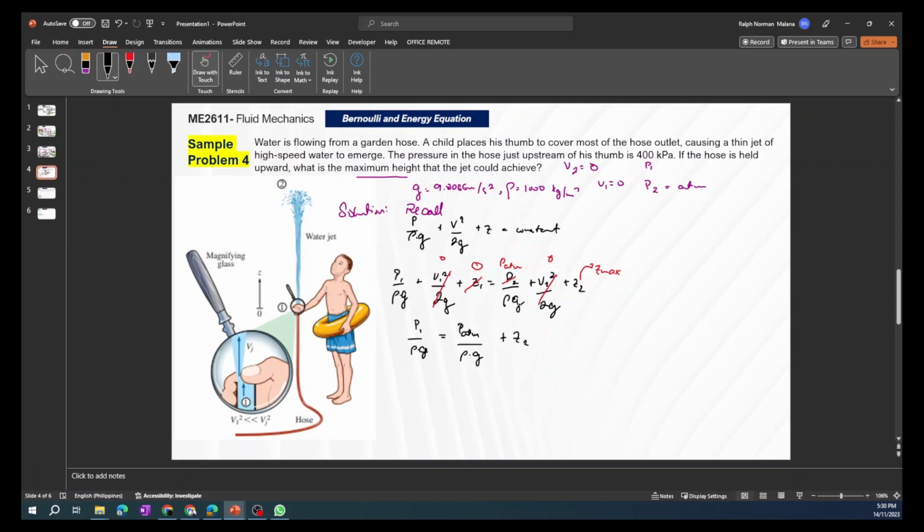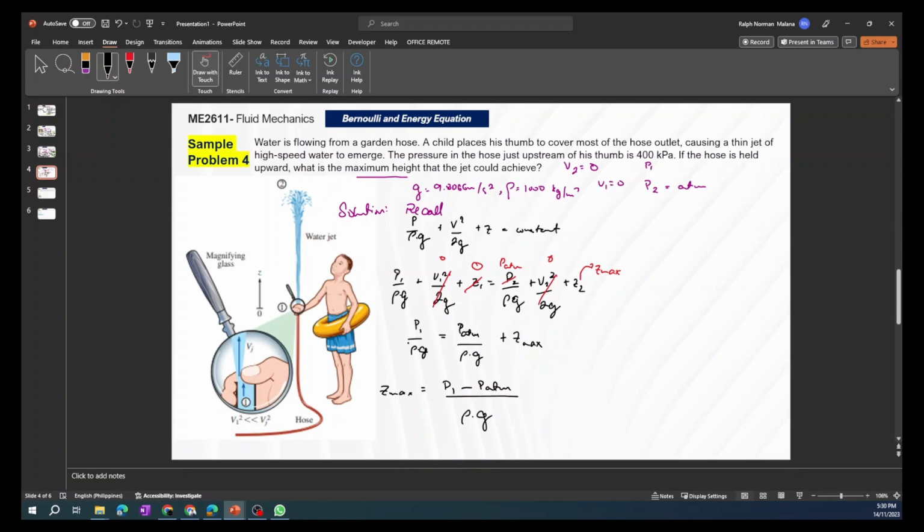It's just a matter of rearranging the equation to determine the maximum height, Z max, so that we are consistent. Rearranging gives P1 minus P atmospheric, because you have the same denominator, divided by the product of density and acceleration due to gravity. Take note, technically this is gauge pressure.